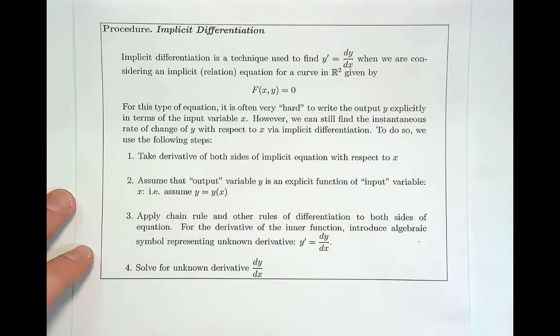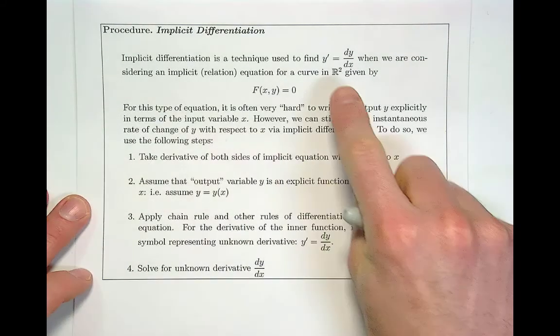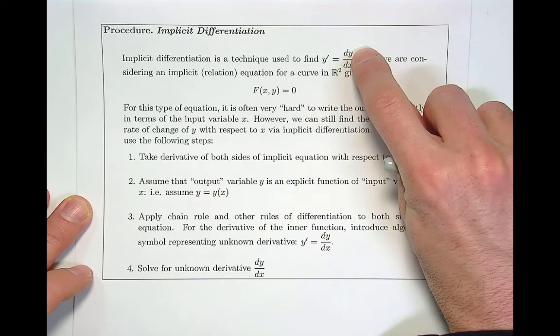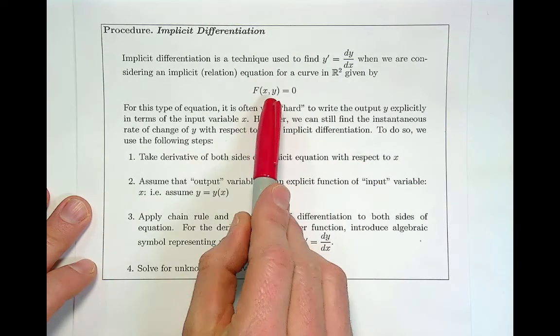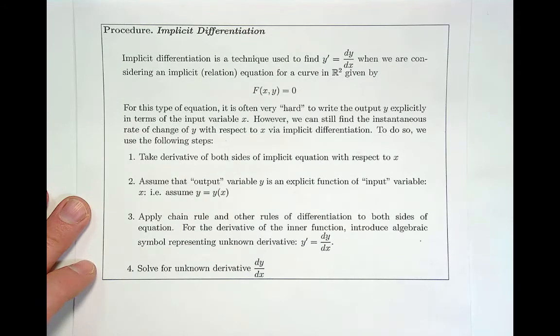Implicit differentiation is a technique that we used in 1A to find the derivative dy dx, so the instantaneous rate of change of y in terms of x, when we were looking at an implicit equation. Again, these types of equations are ones where the output variable y is hard to solve for in terms of the input variable x. Even though that's the case, we can use this technique of implicit differentiation to find derivatives.